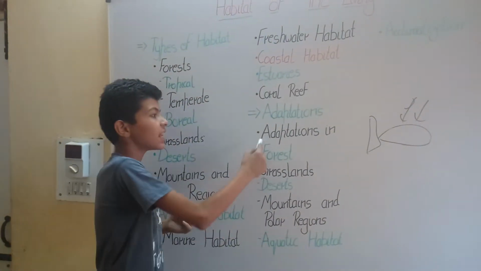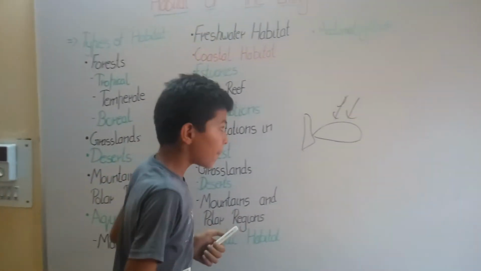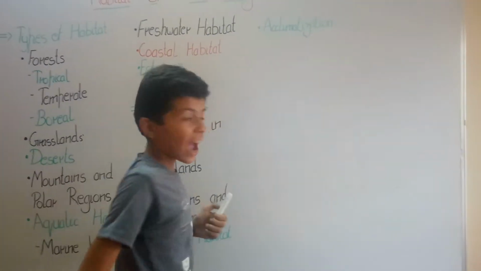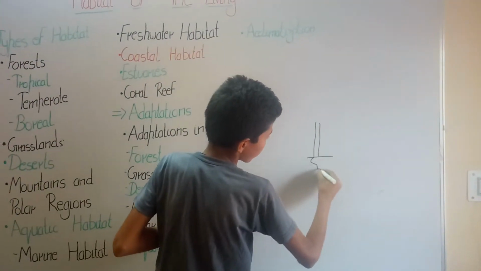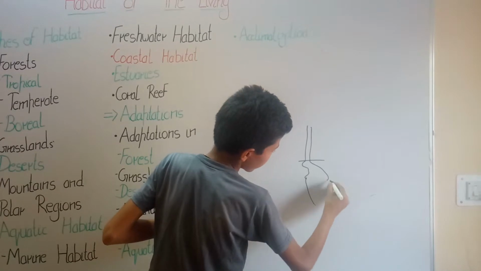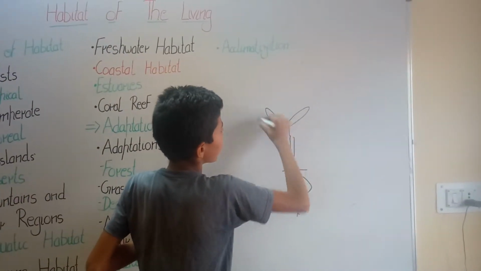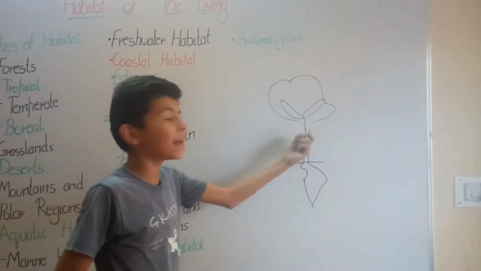Then we have adaptation in grasslands. In grasslands, the plants have a very flexible stem.